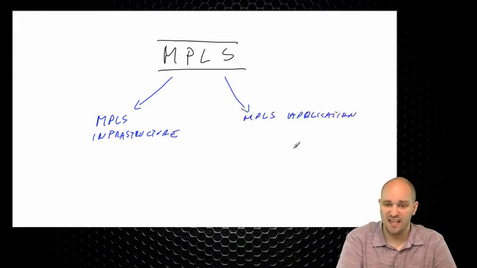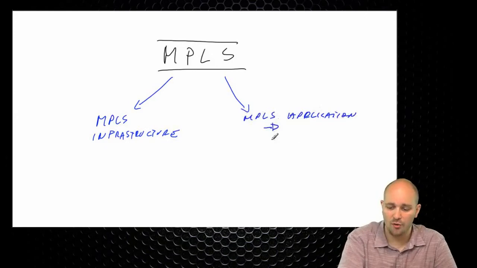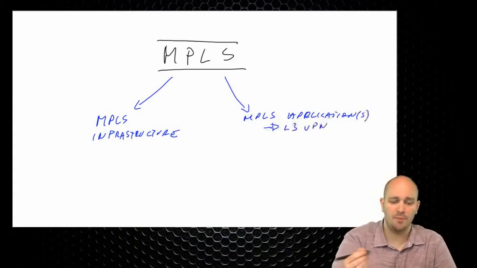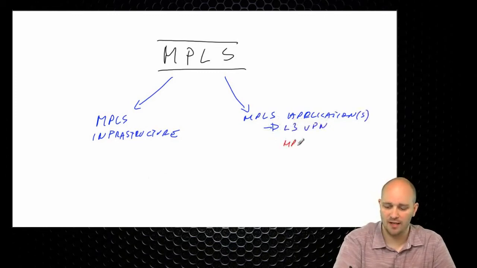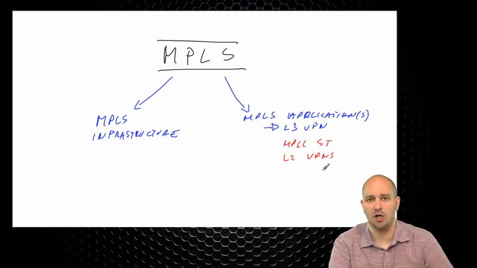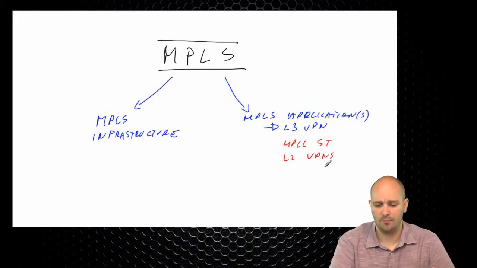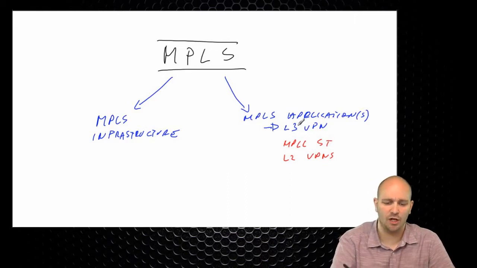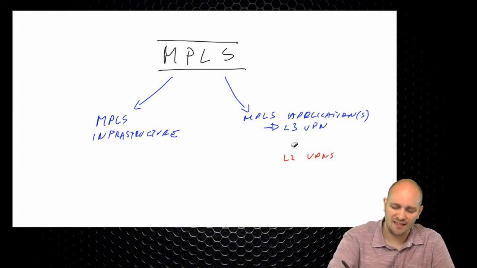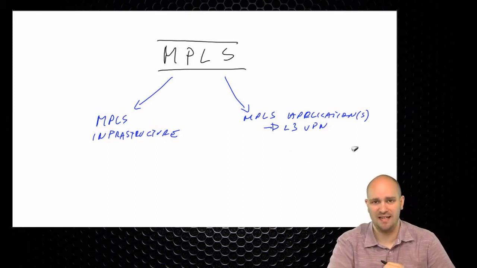And here I should just say MPLS application because the only MPLS application that you actually care about is layer 3 VPNs. Now, there are other MPLS applications like, for example, MPLS traffic engineering or layer 2 VPNs that you don't really care about for the CCIE routing and switching test because these technologies are not tested in the exam.